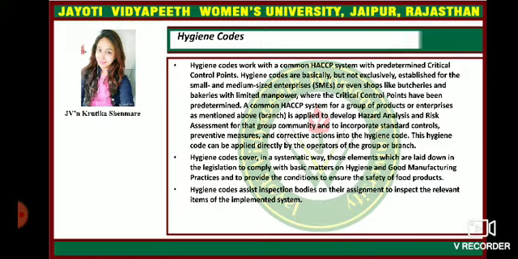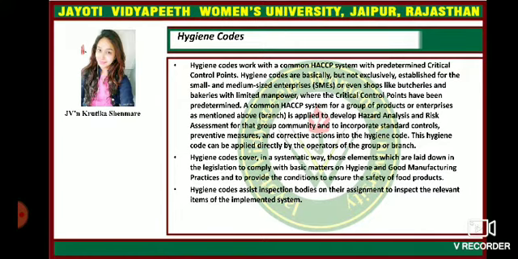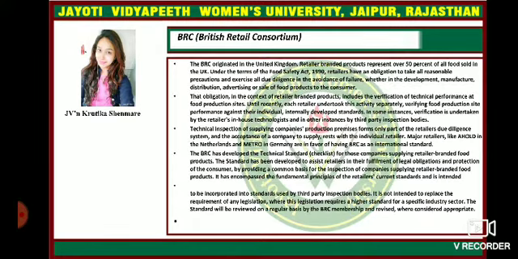Hygiene codes cover in a systematic way those elements which are laid down in the legislation to comply with the basic matters of hygiene and good manufacturing practices and to provide the conditions to ensure the safety of food products. Hygiene codes assist inspection bodies in their assignment to inspect the relevant items of the implemented system.